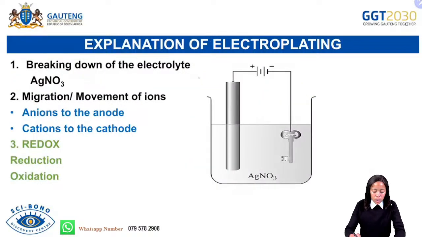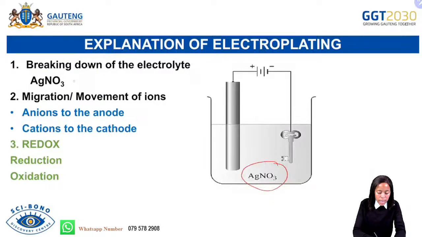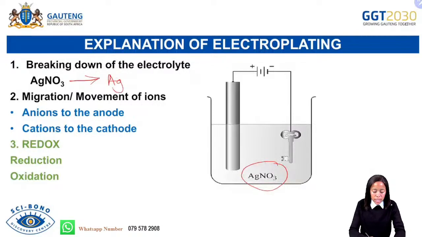Again, we said when it comes to the steps, we are going to break down the electrolyte. As an example, we have silver nitrate. If we break it down, silver is a transition metal, so it is going to have a charge of +1.